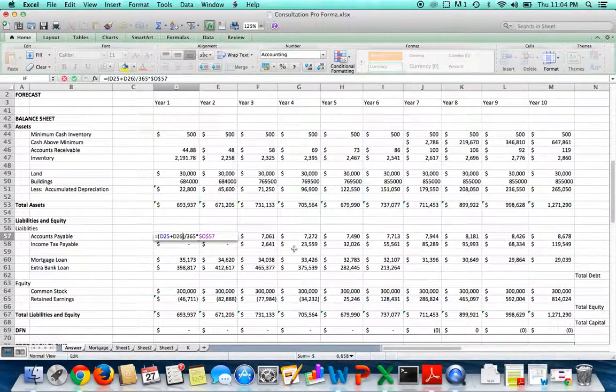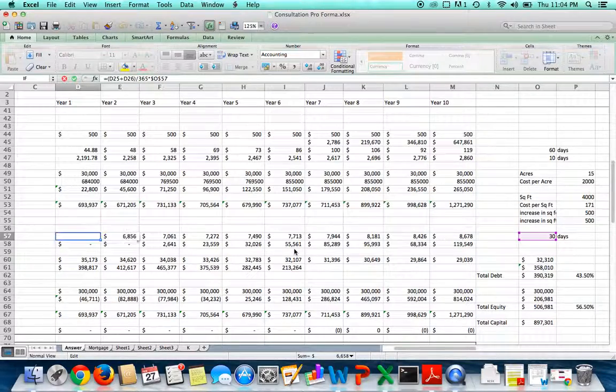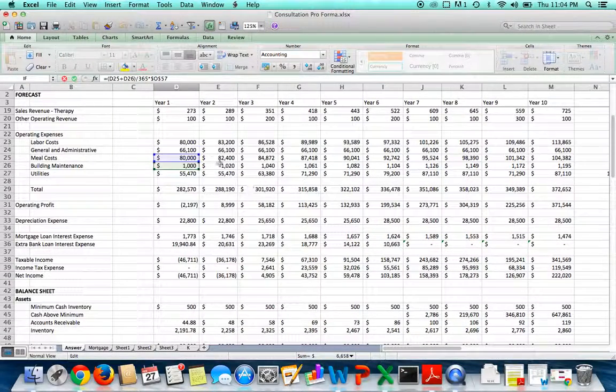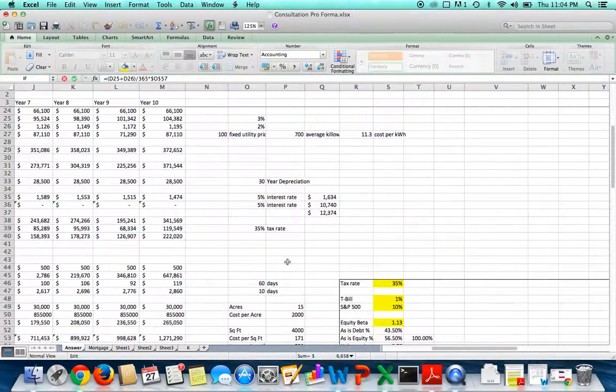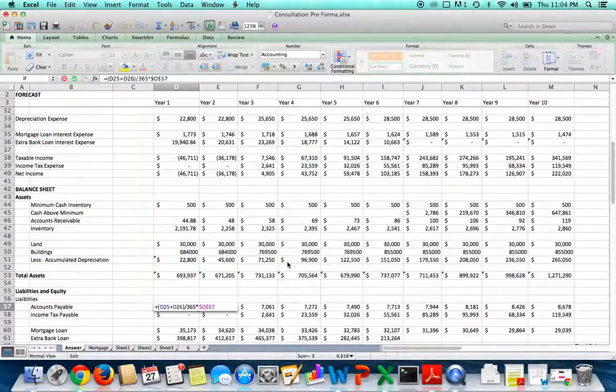Next, we have our accounts payable, and we said that our accounts payable were tied into paying for our meal cost and paying for our building maintenance, and that they had a 30-day payable.